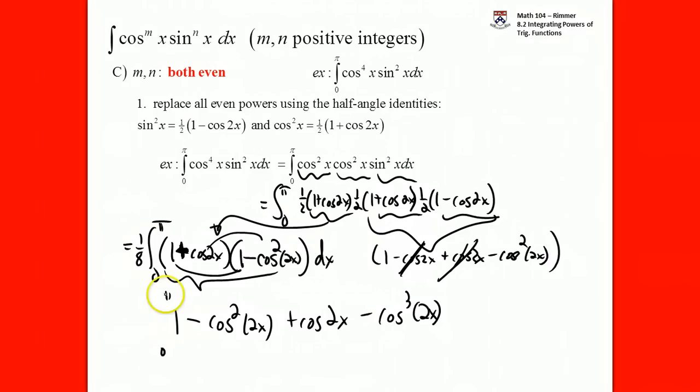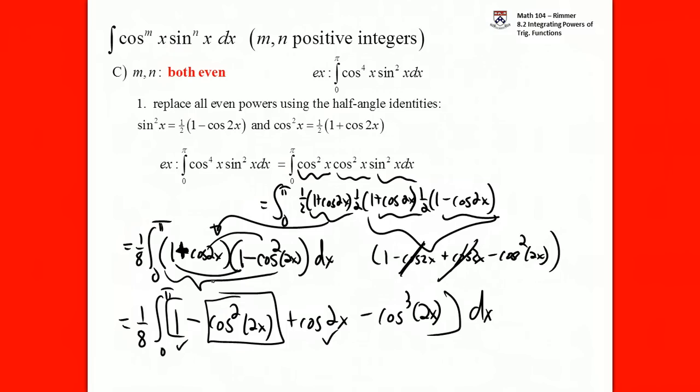Wow. All right. Let me tell you what you like. You like integrating 1. You might not know it, but you like integrating cosine on 2x. These other two you don't like. What do you think we're going to do with this guy?